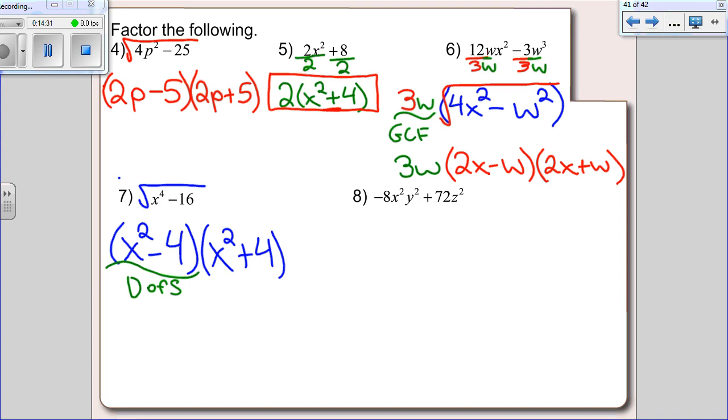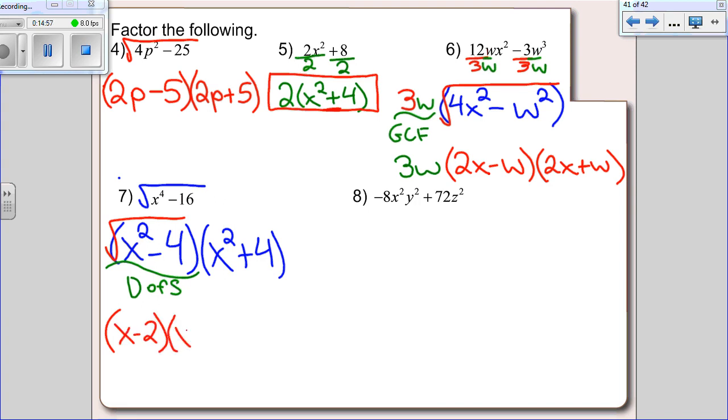So we're going to have to square root just the first set again. Why can't I do the second set? Because it's a plus symbol, not a minus symbol. Yeah? Good question. So when I change this one, I'm going to get x minus 2, x plus 2.